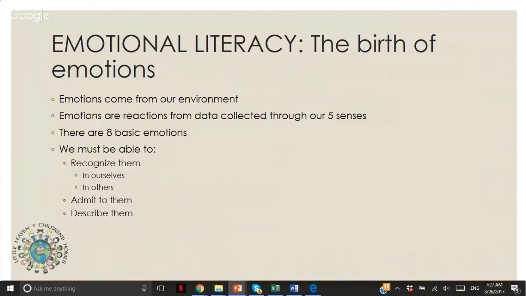We will experience something that causes us to feel an emotion, and we experience these things by absorbing them through our 5 senses: sight, smell, touch, hearing, and the 5th sense eludes me right now, but anyways, taste. That's what it is, taste. So you get it through your 5 senses.